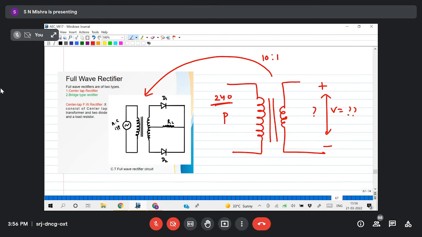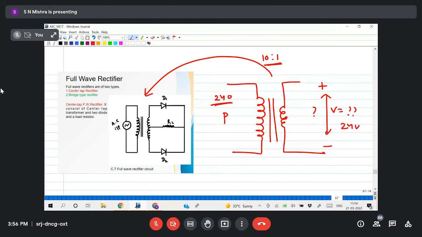I'm giving 240 volt at the primary side, the turns ratio is 10:1. So what is my output voltage? You have studied this in +2 level. So 24 volt. N2 by N1 into 240, that is 24 volt.